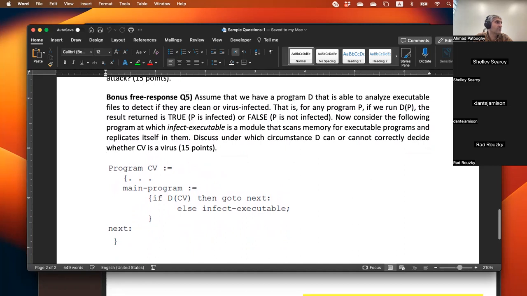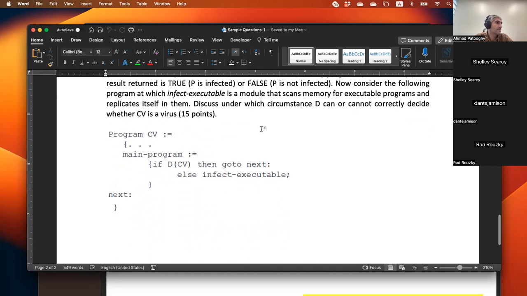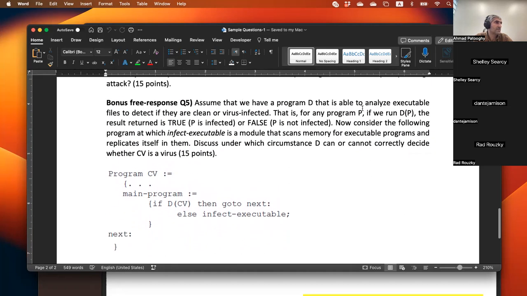Assume that we have a program D. There is a program D that is able to analyze executable files to detect if they're clean or virus infected. So this D that you see here, it says if D. This D is that program that takes an executable file and says if that executable file is infected or clean.